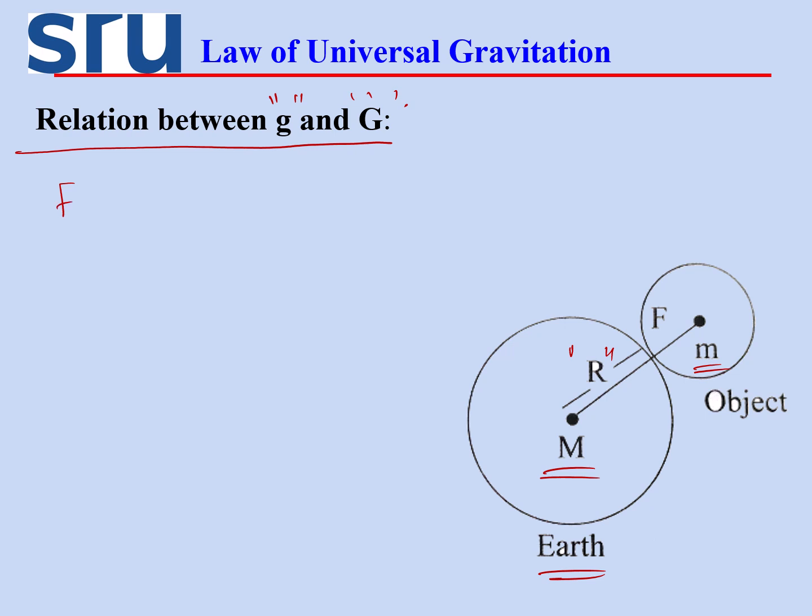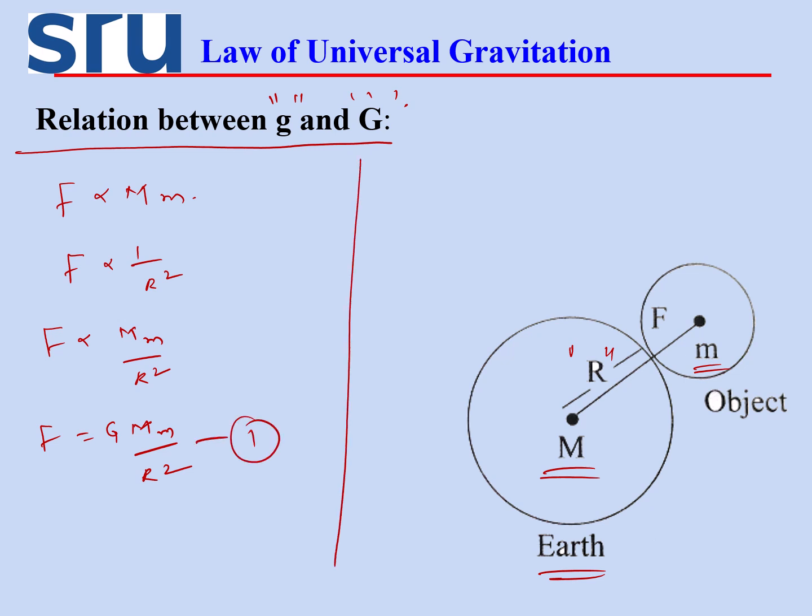F is proportional to the product of the two masses and inversely proportional to the square of the distance between them, so F is proportional to capital M small m by r square. Removing the proportionality, F equals G M m by r square. Consider this equation number 1.